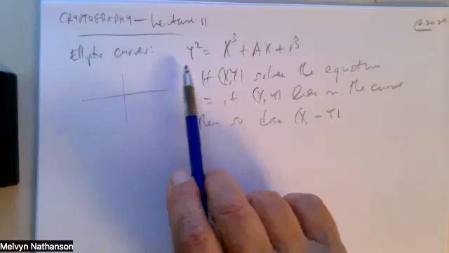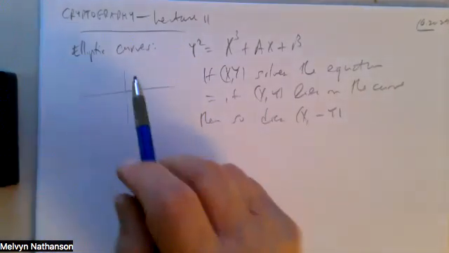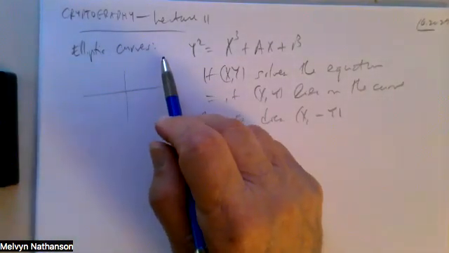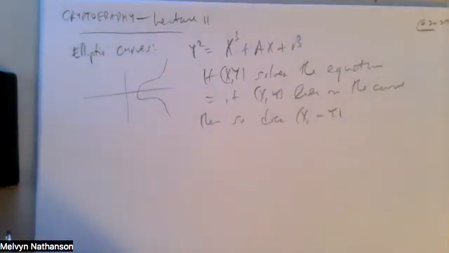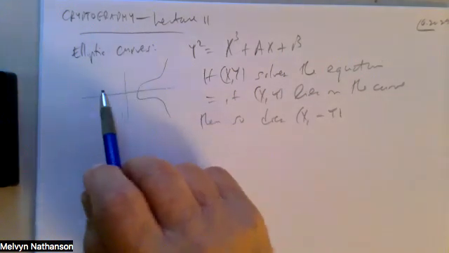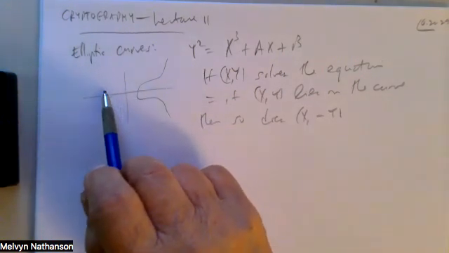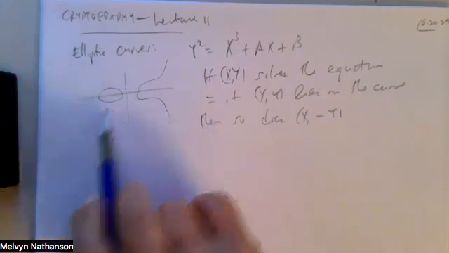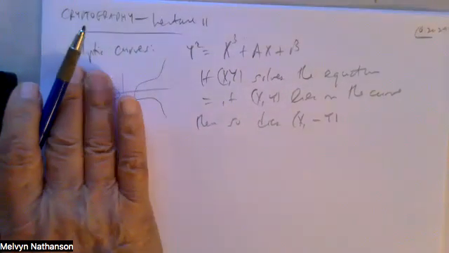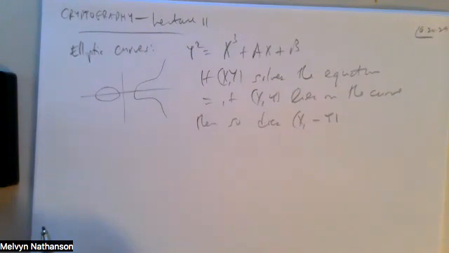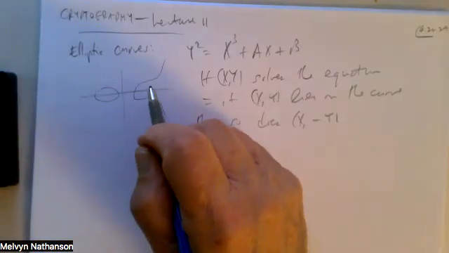So y squared and minus y squared are the same. So whatever the graph looks like, it's symmetric around the x-axis, and it will typically look something like this with maybe a separate component looking like that. So this is one or the other, either just this or these two pieces show you the graph of the curve.